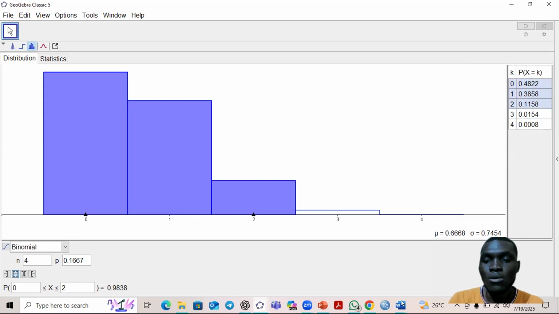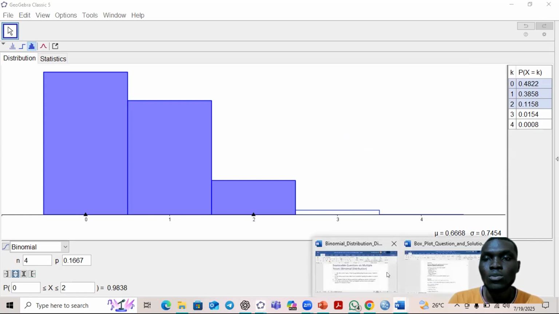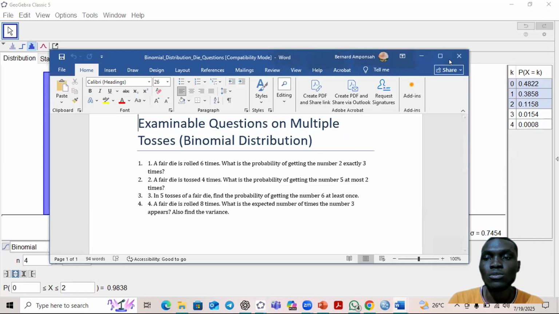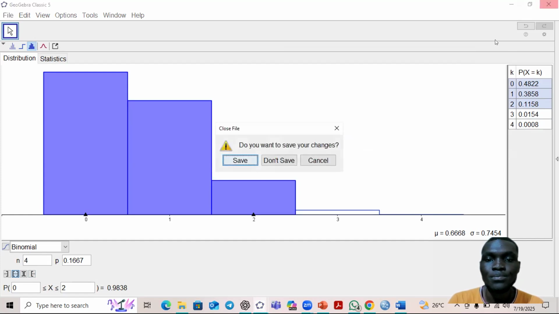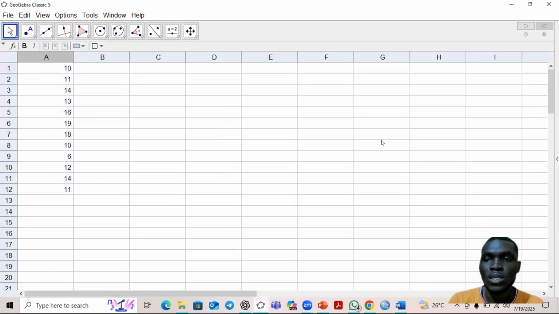All right, so now we'll move to the aspect of statistics. In this case, we already have a sheet with the scores students got after an examination in EDMA 402.